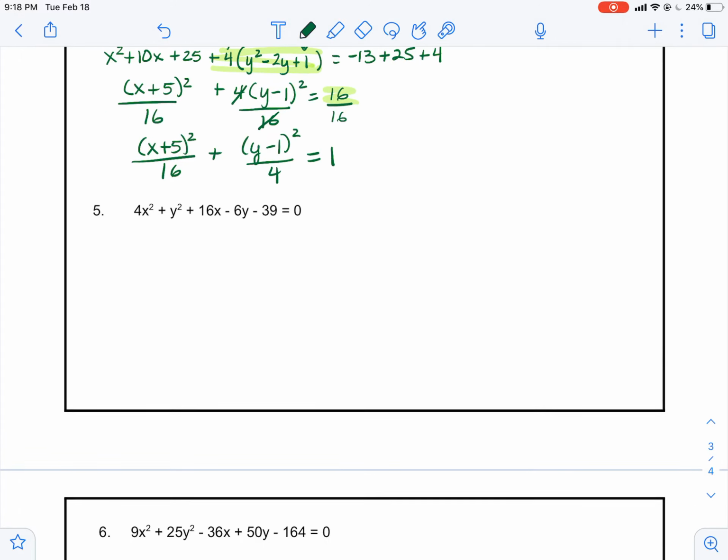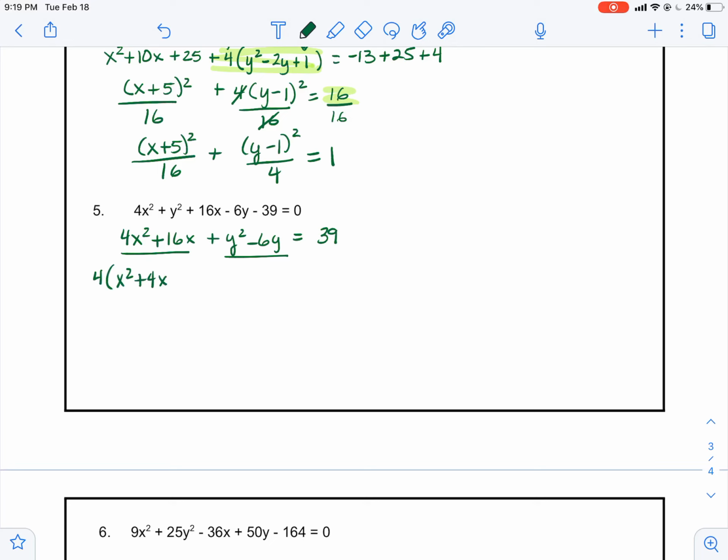So again, first we're going to rearrange. And I'm going to go ahead and move the 39 over. There's my first step. My next step is I'm going to work with just the x's and then just the y's. So this time my x has a coefficient of 4, so I'm going to pull it out.